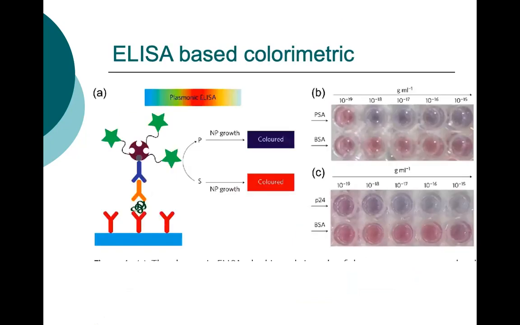Or you can also use ELISA plates, or small vials where you observe color change. Okay, so it can also be quantitative. It does not always have to be qualitative when we talk about color change. The intensity of the color change can represent the concentration of the analyte that we are measuring.